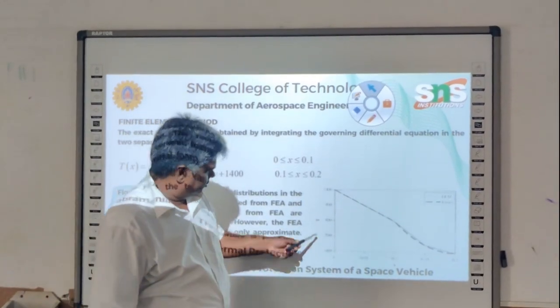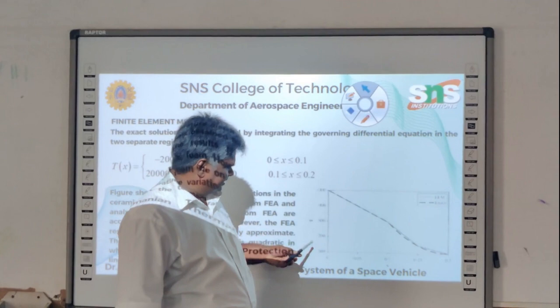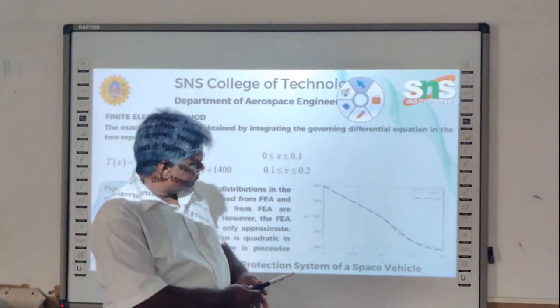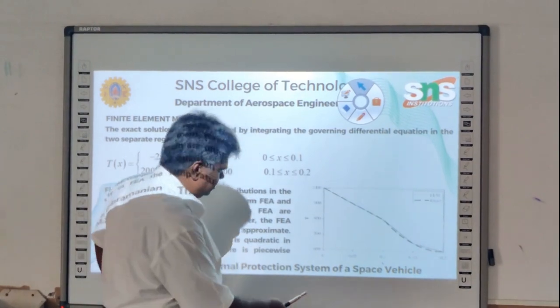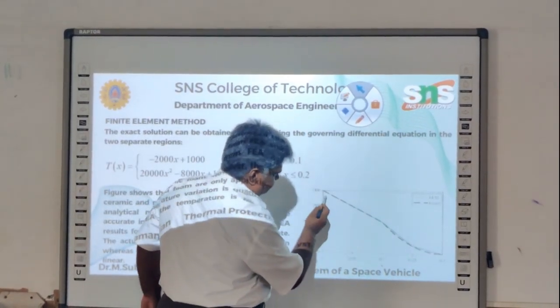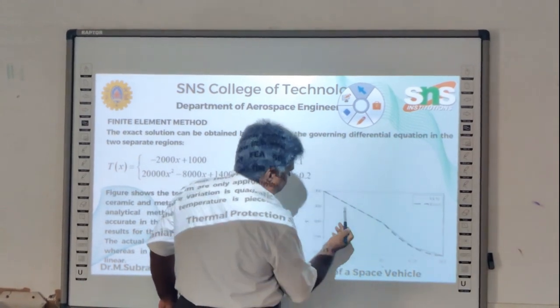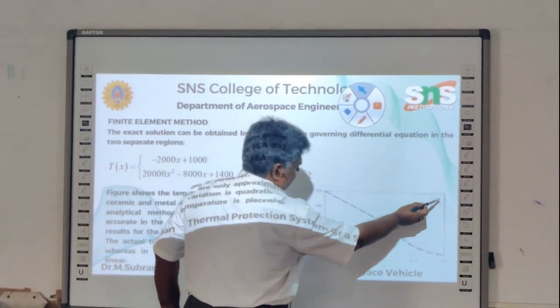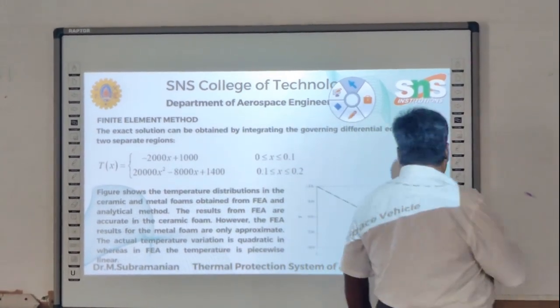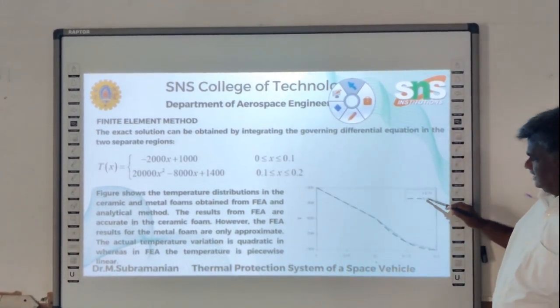The diagram shows the temperature distribution on the y-axis and the element length on the x-axis. You see that the thick line indicates the finite element solution. The dotted line is the exact solution.